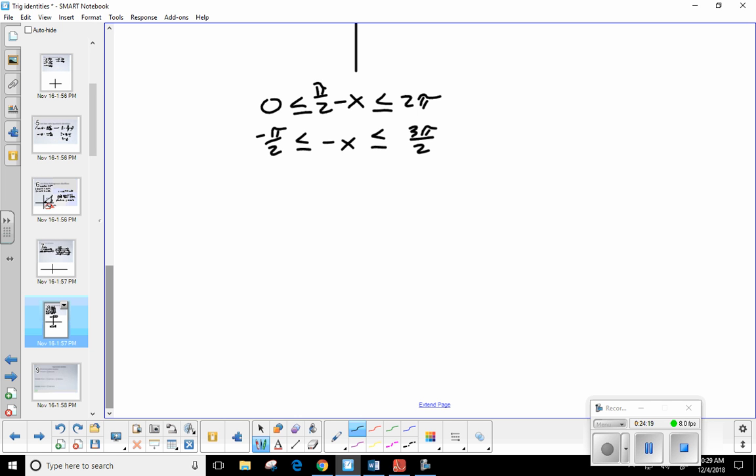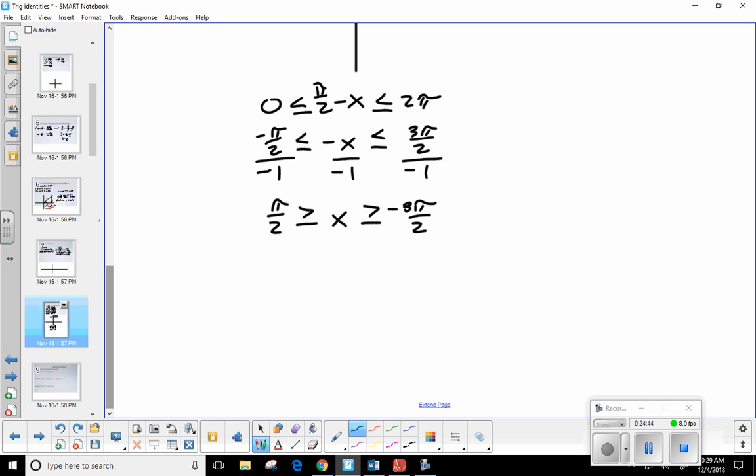There you go. Remember, if you multiply or divide an inequality by a negative, it reverses your symbols. So if I divide through by negative 1, that's going to give me pi over 2, there's my positive x, negative 3 pi over 2. But those less than or equal to now become greater than or equal to.